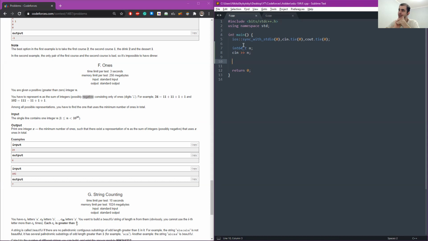Like, obviously, no greedy will work. Otherwise, it would not have been problem F, right? And what DP I'm actually talking about? I have no idea.